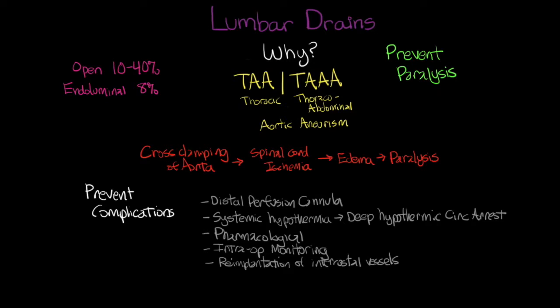And again, we'll talk about this when we get into talking about some of the anatomy, but once the graft has been put in place, the surgeons oftentimes can reimplant or reattach some of the blood vessels that will supply blood to the spinal cord at various points along the way. And so these are a lot of the interventions that can be done and oftentimes are used here intraoperatively to try and prevent complications and prevent paralysis in these patients.